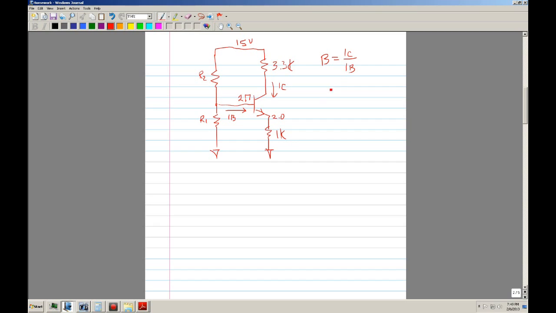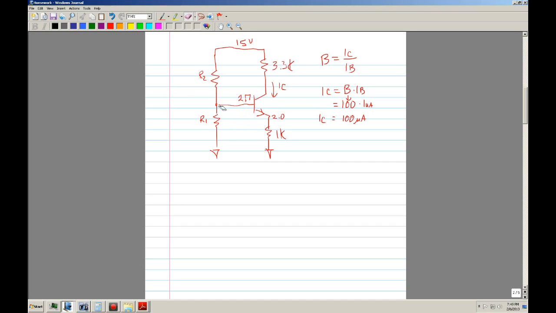So IC equals beta times IB. Let's say beta is 100. If you have 1 microamp of base current, then IC is going to be 100 microamps. That's the current going through there. So basically that's beta.